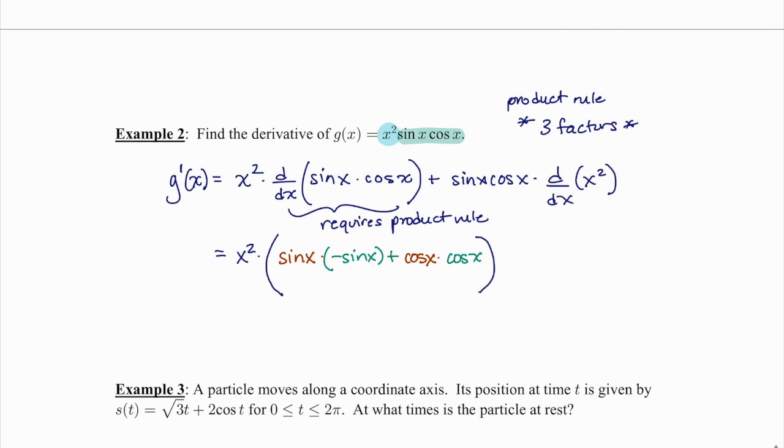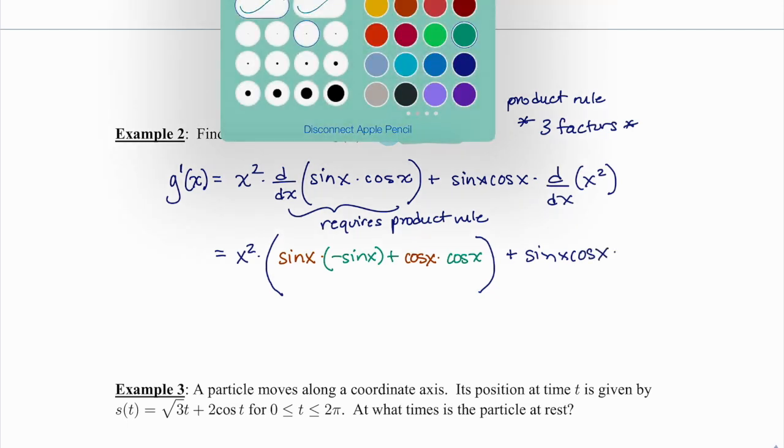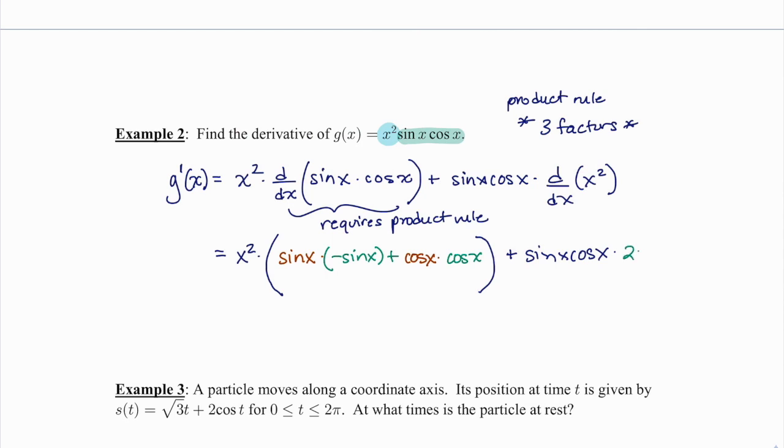Then we move on to plus sine of x times cosine of x times the derivative of x squared, which is just 2x. So it's fine to leave it just like that. If you want to, you can distribute the x squared in that first group.